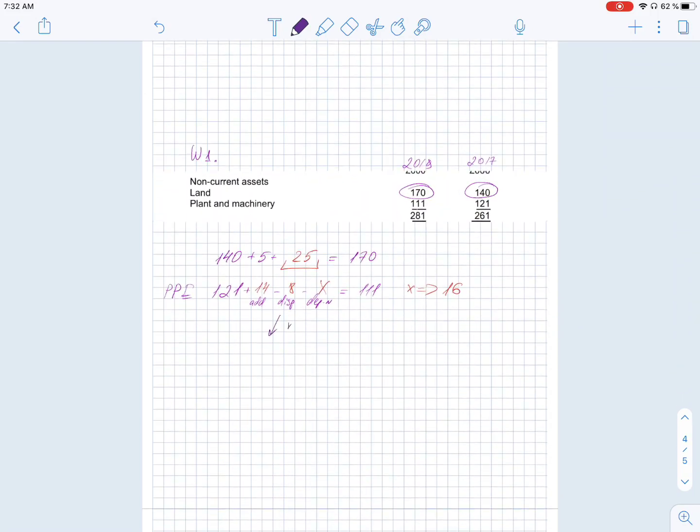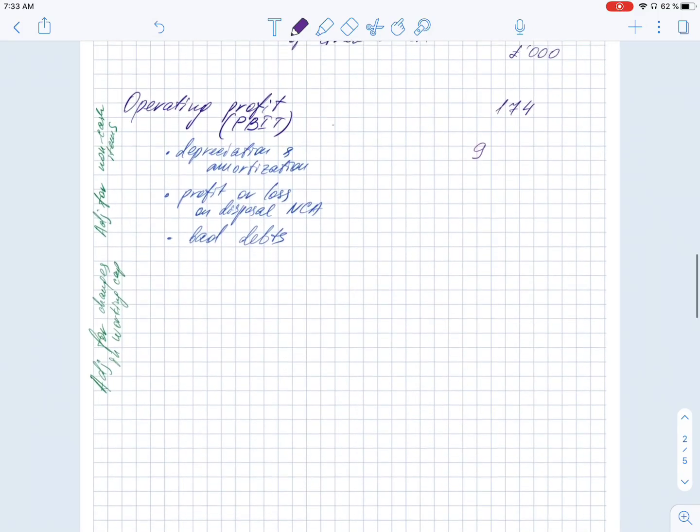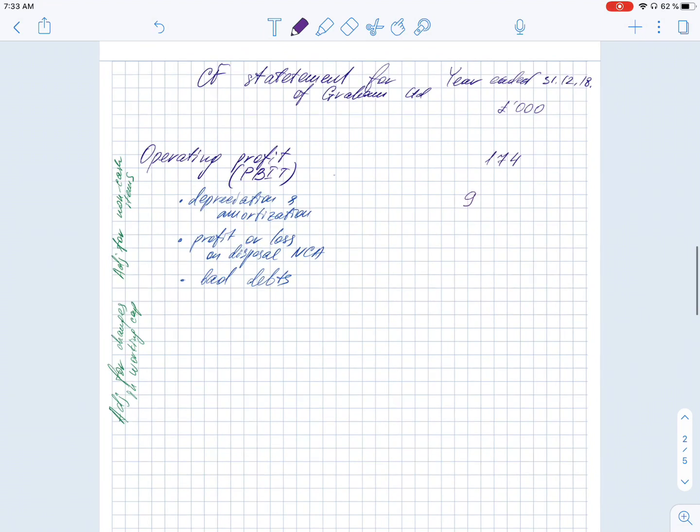So we have to compare net book value of 8 with the cash received 3, and eventually we can see that the company has a loss on disposal in amount of £5,000 during the year, because the item was sold for an amount below net book value.